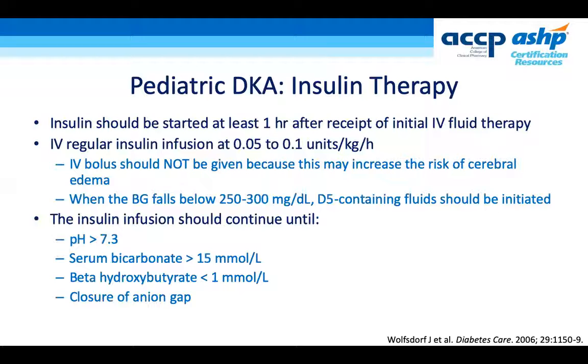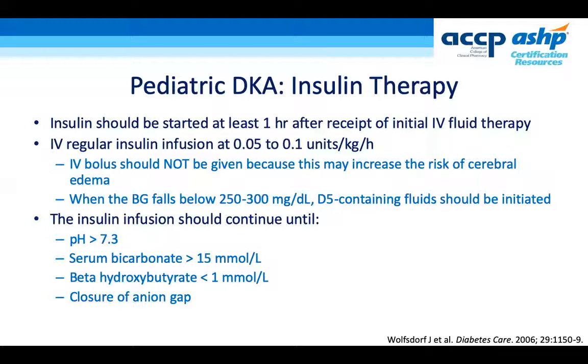If they are in severe DKA or an IV insulin infusion is deemed necessary, it should start after adequate fluid therapy is given, since giving fluids can reduce your blood glucose just from giving that. You should not use a bolus in pediatric DKA patients.